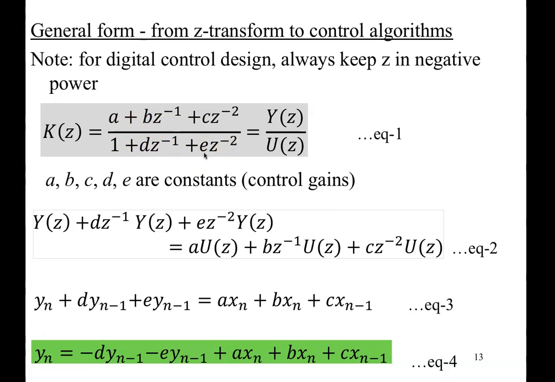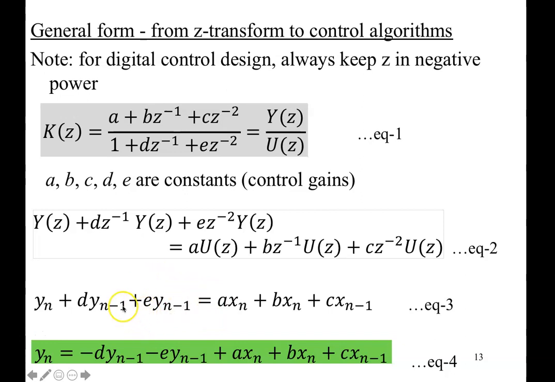And what you do as a rule is to do a cross multiplication between numerator and input. This time I change the input to u. It really doesn't matter. Output y multiplies into the denominator terms. Then you set them equal. Then you apply inverse Z transform.